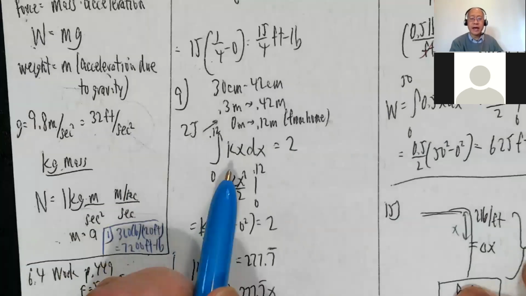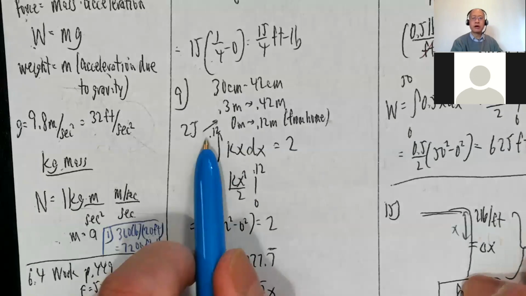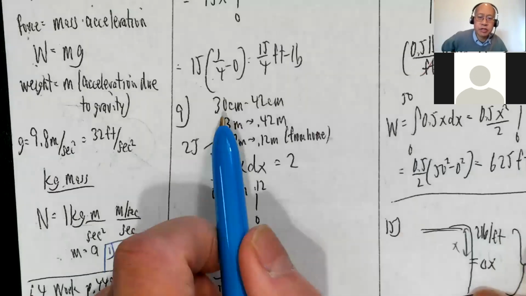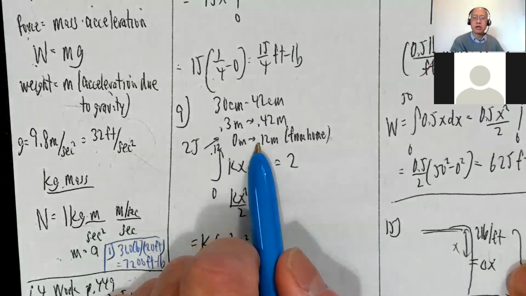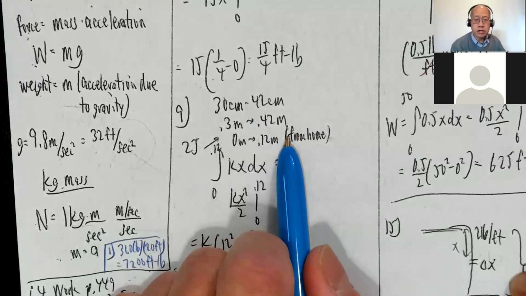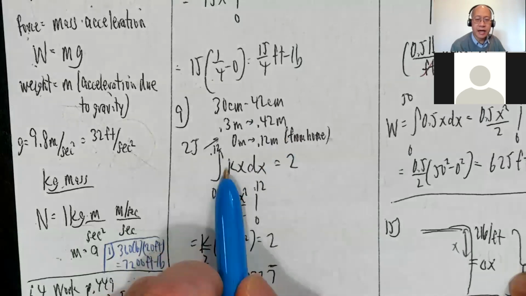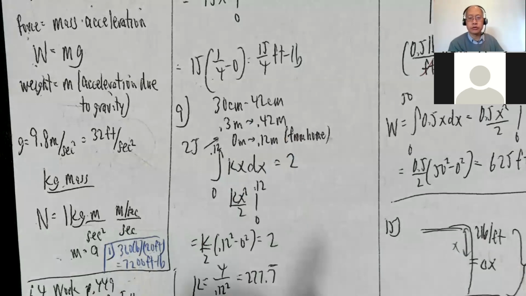Okay, so the force is kx dx from 0 to 0.12. Again, we're going from 30 to 42 centimeters, which is from 0 meters to 0.12 meters from home. So I have to solve this for k. So 0 to 0.12, integral of kx dx, that answer comes out to be 2. The total amount of work is 2 joules.